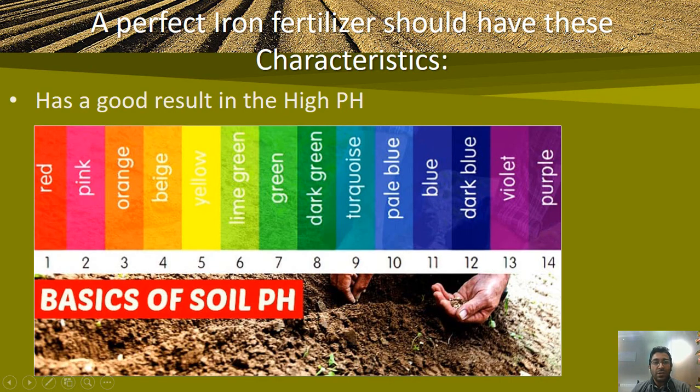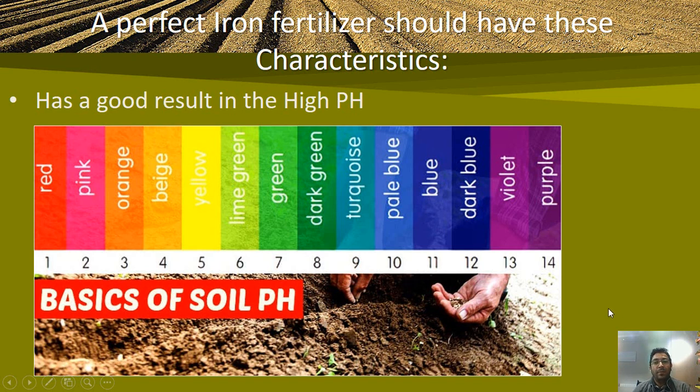The usage of the iron and the efficiency of the iron fertilizer really depend on some characteristics. The best soil pH for plantation is 6. But in our country, in Iran, we have a lot of alkaline soil, 7, 8, 9, and even 11.